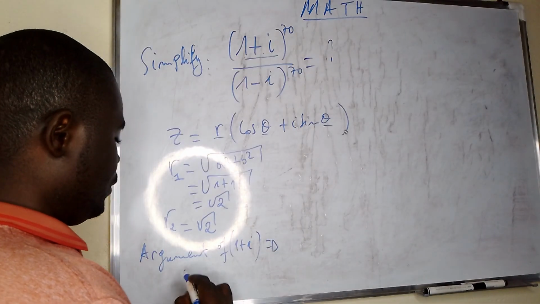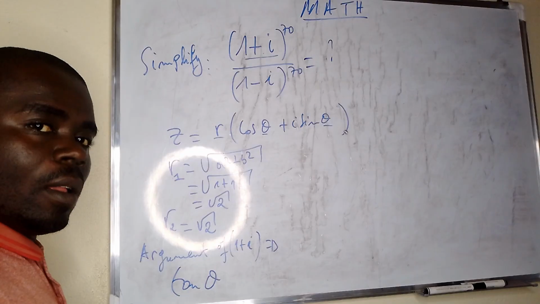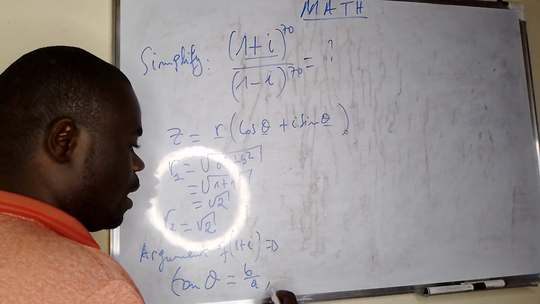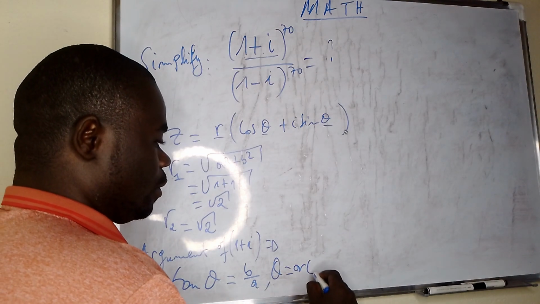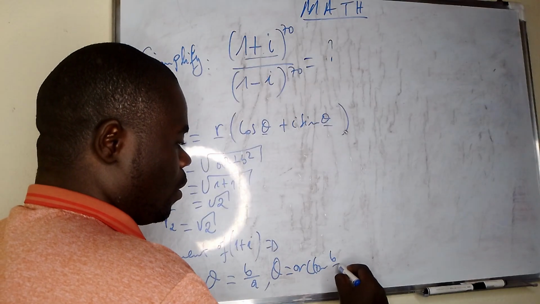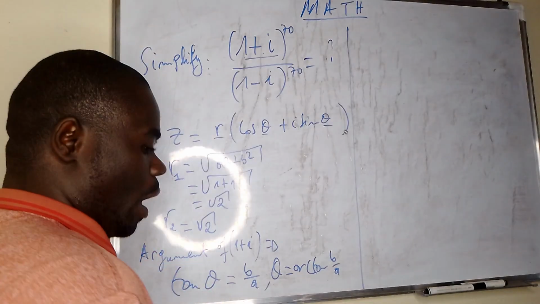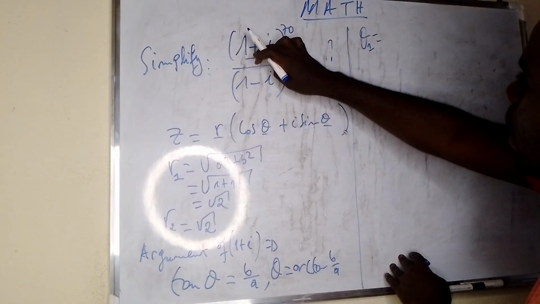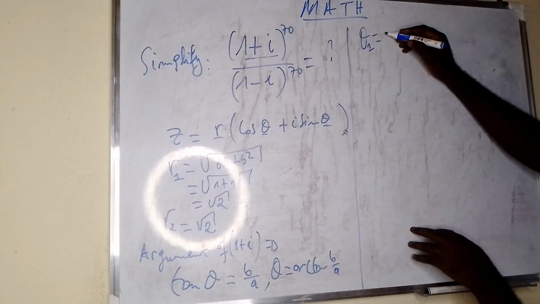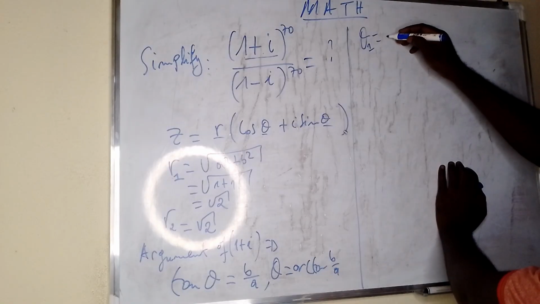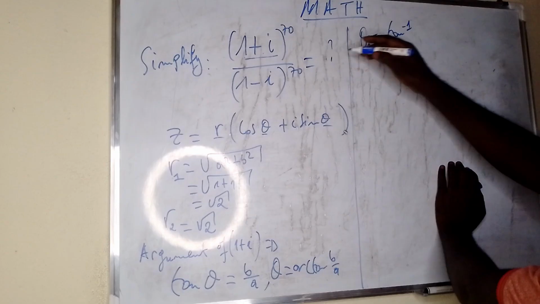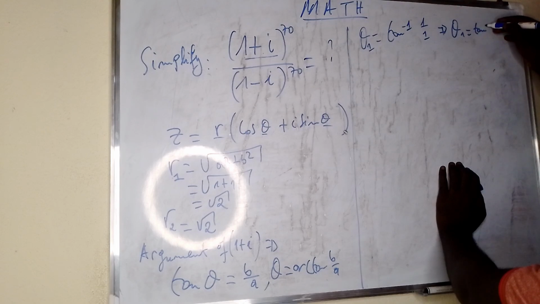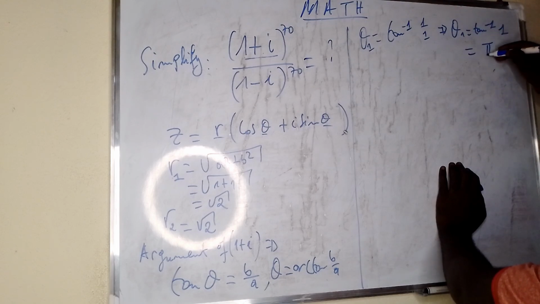We say that tan theta is always equal to b over a. That is how we find tan theta, and then theta is equal to arctan of b over a. Let's say theta 1 for the upper one. This will be arctan, or tan inverse, of 1 over 1, which is pi over 4.